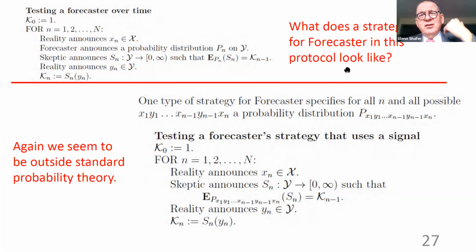But really, statistics goes outside of standard probability theory in a number of ways, and this is one of them. They look at models which specify essentially strategies for forecaster in this kind of situation, which is something that's outside standard probability theory. Each of the separate moves, each of the P's, is a standard probability distribution, but the whole picture is outside standard probability theory. It's in statistical theory.